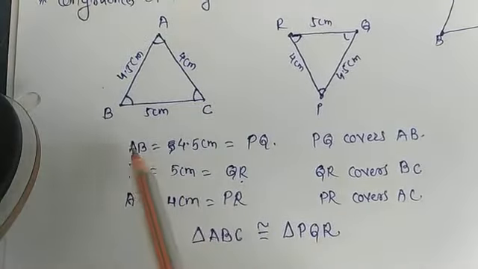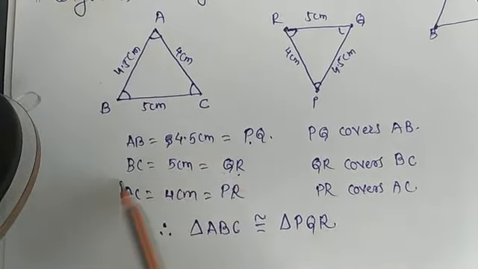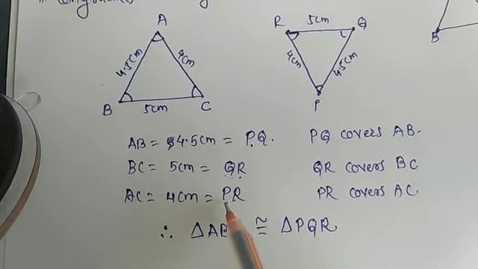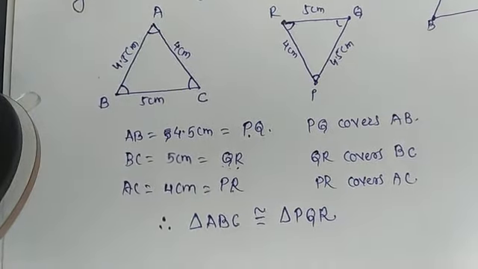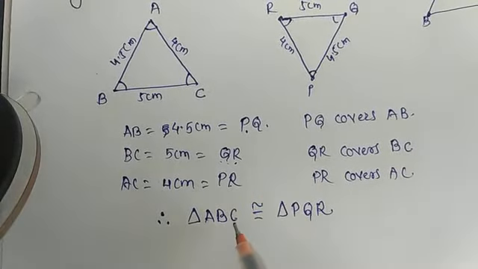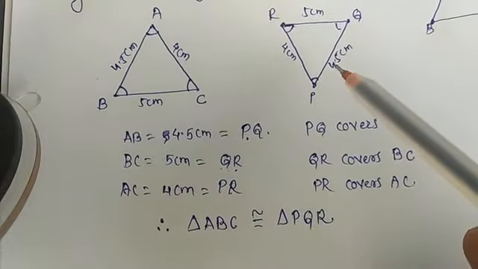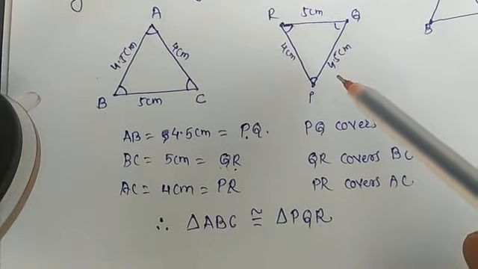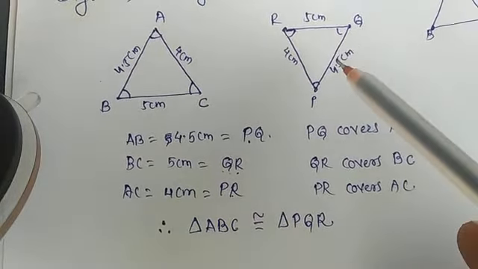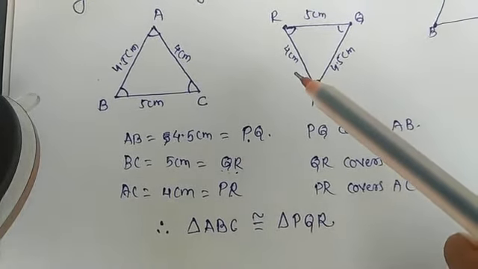AB is covered by PQ, BC by QR and AC by PR. You can't say that ABC is congruent to another triangle with other lengths. It should be of the same length only, and the corresponding sides should be the same.